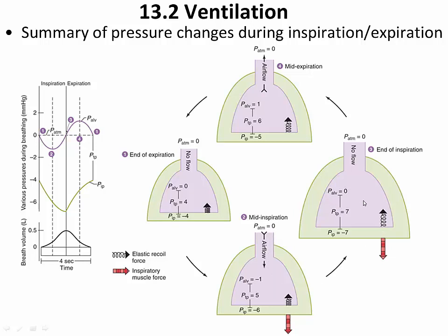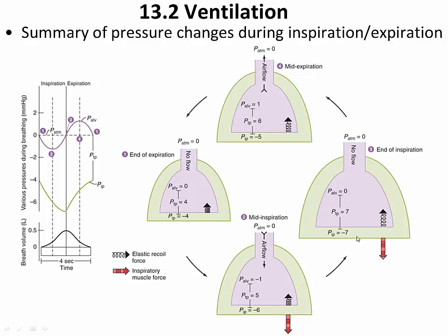Now we find ourselves at the end of inspiration. So at this point, the lungs are fully expanded. They've reached their full volume. Air has made its way into the lungs, and so the volume has increased, and so the pressure is not lower inside the alveoli than it is outside.